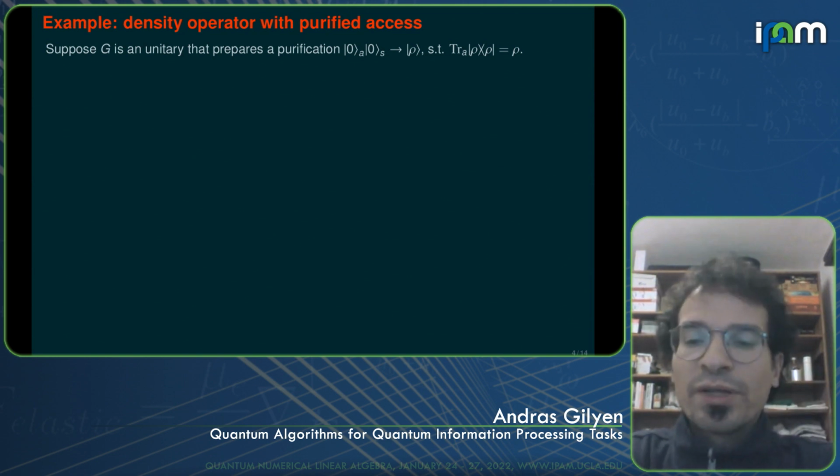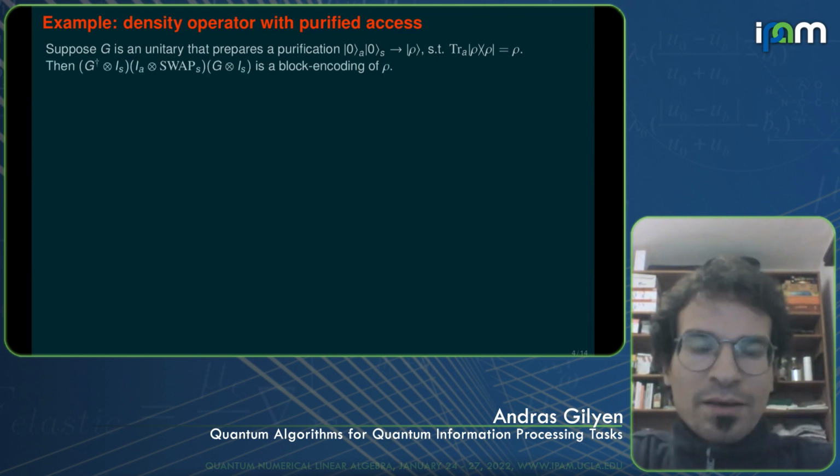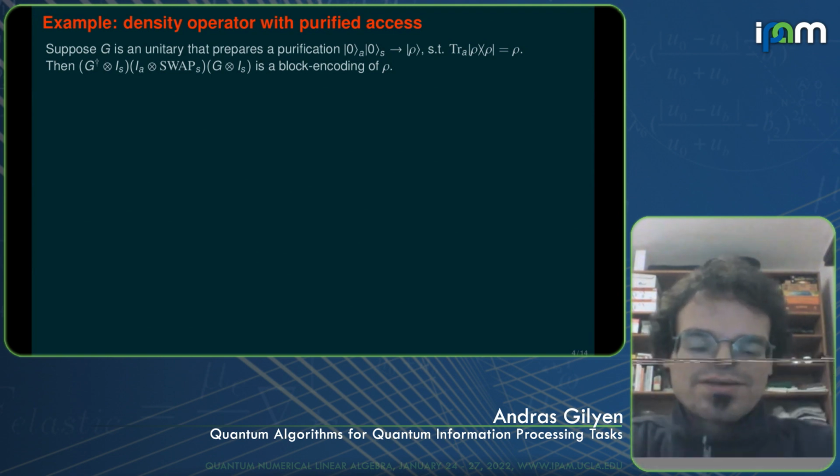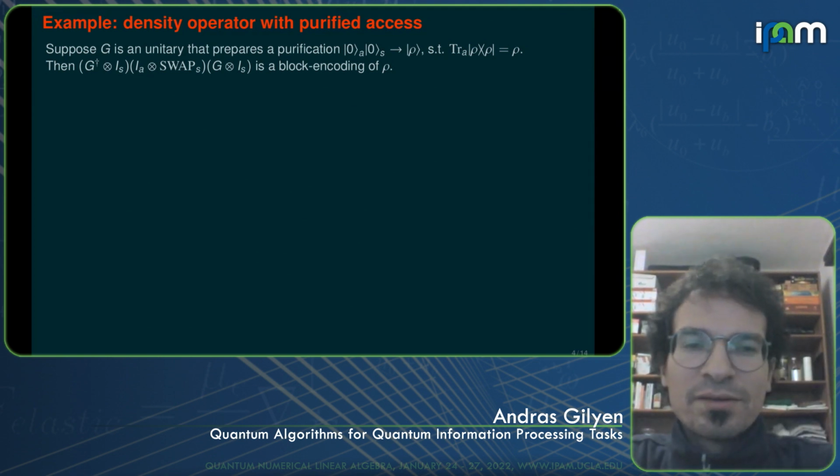So this is the input model that you have, such a unitary. Then it's known that if you extend basically your system with another copy of this system register, then you apply this G tensor identity on the system, a swap of the system registers, and again a G tensor identity, just with G dagger, then this is a block encoding of rho.